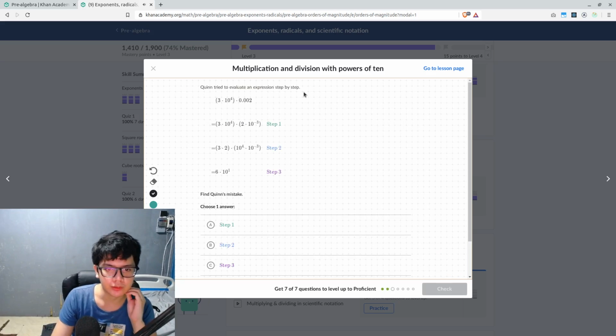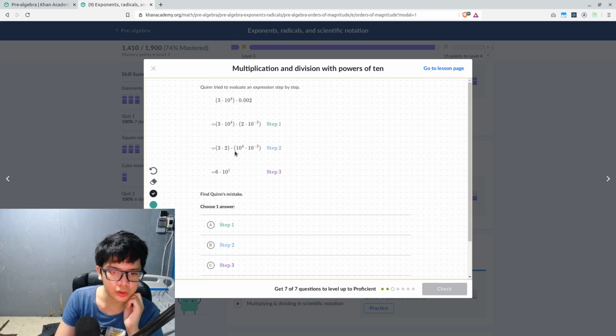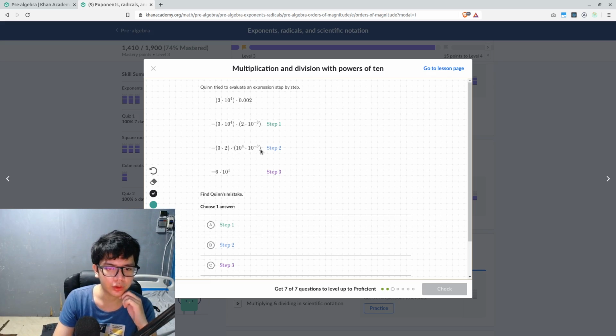Okay, try dividing step by step. 1, 2, 3. Okay, cool. 3 times 2 times 10 times 4, negative 3, 6.